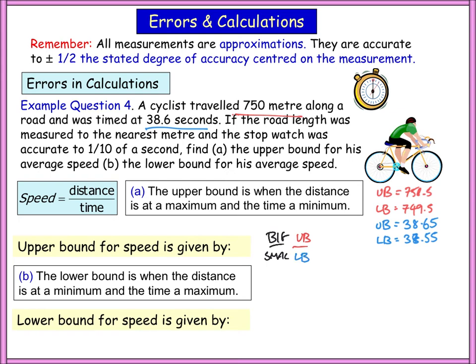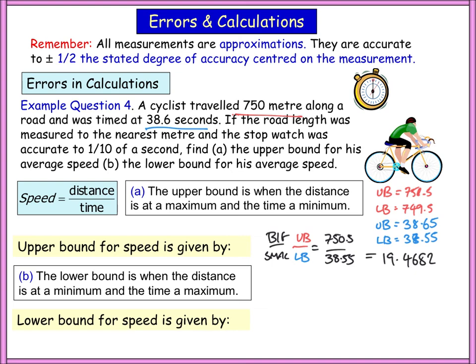So we plug that in. That's 750.5 divided by 38.55. And that works out as 19.468 metres per second.